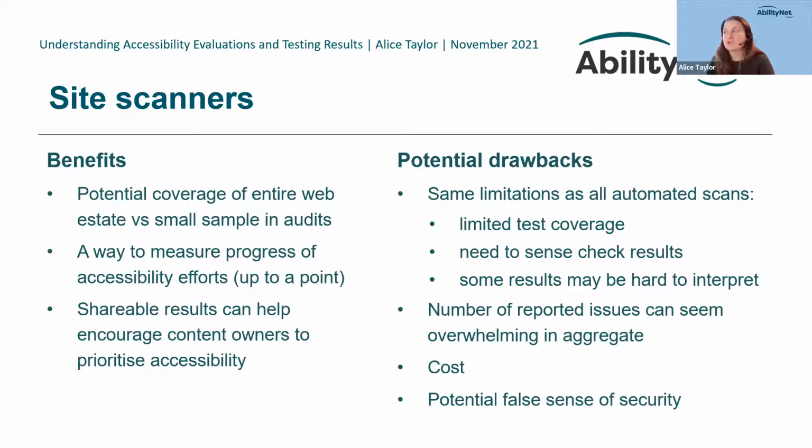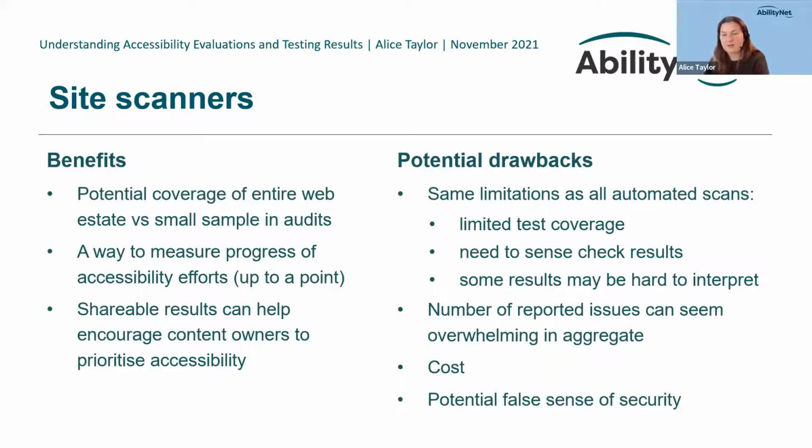And also the cost. So they are paid for services, so this can be a drawback, and it can potentially give a false sense of security. So even if no issues are picked up on your automated site scanner check, that doesn't mean there's no accessibility issues. There would still need to be that manual review.